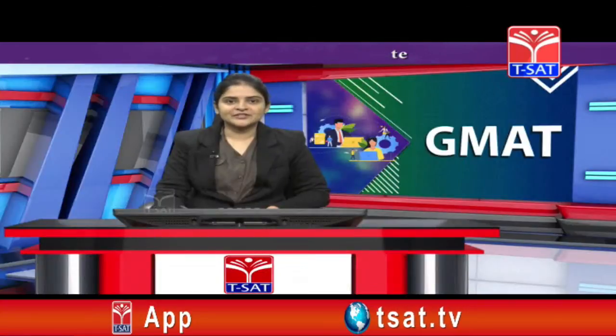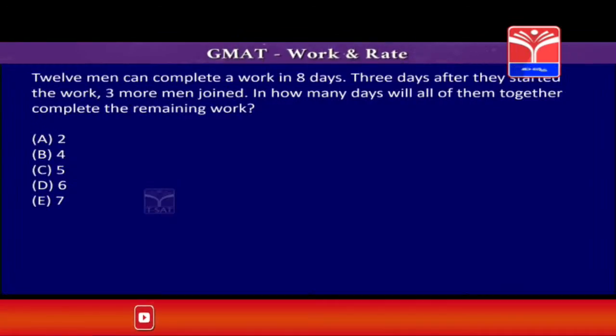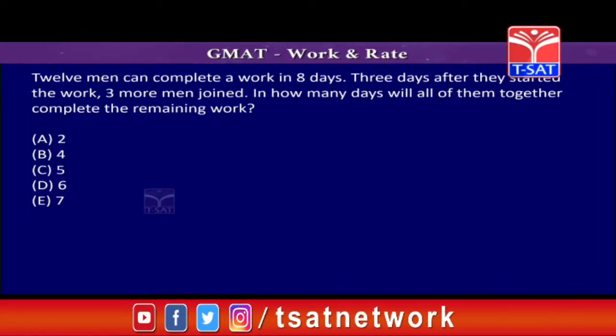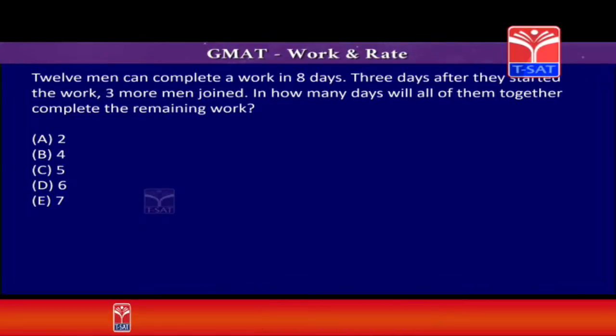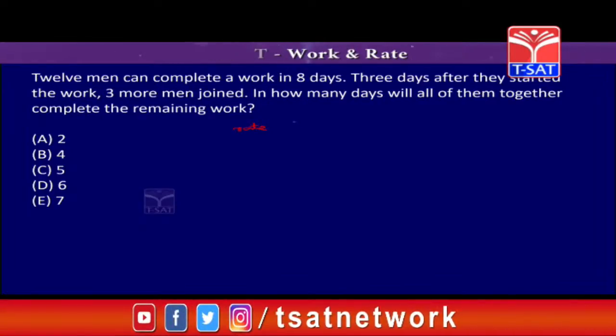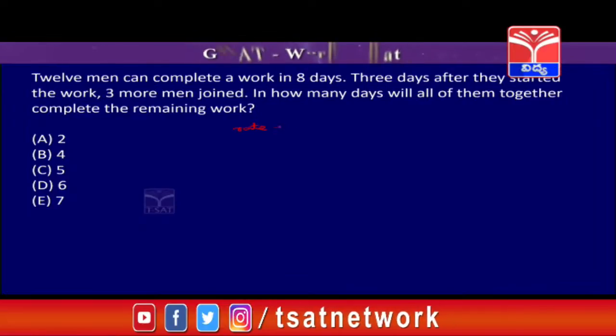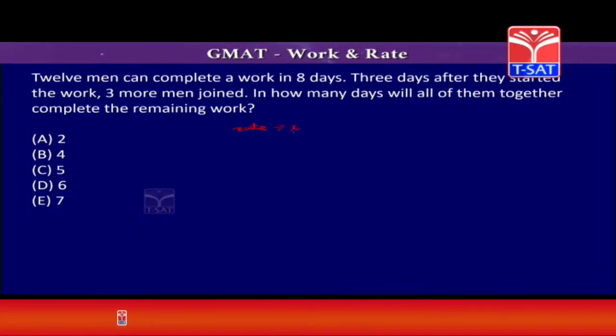Let's see what the next question is. 12 men can complete a work in 8 days. 3 days after they started the work, 3 more men joined. In how many days will all of them together complete the remaining work? So let's say the rate at which each of these men is working is x.